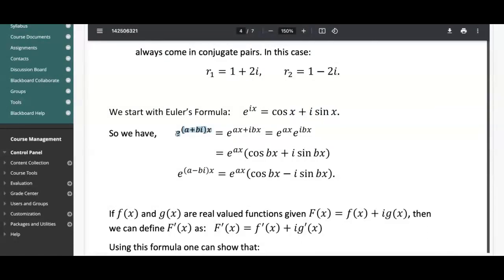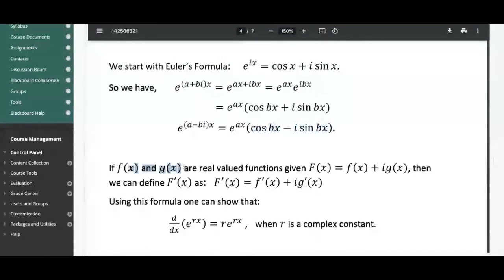So e to the a plus bi times x we can write as e to the ax, the real part, and the imaginary part we write in the form of Euler's formula: cosine bx plus i sine bx. With the minus sign, a minus bi, the imaginary part we also present with Euler's formula.